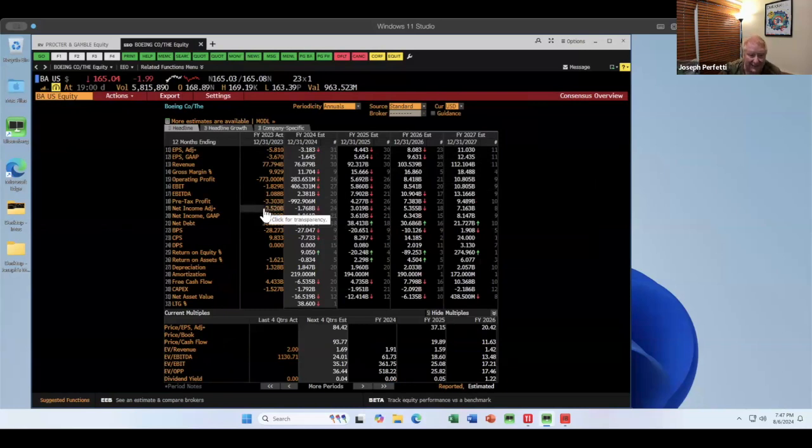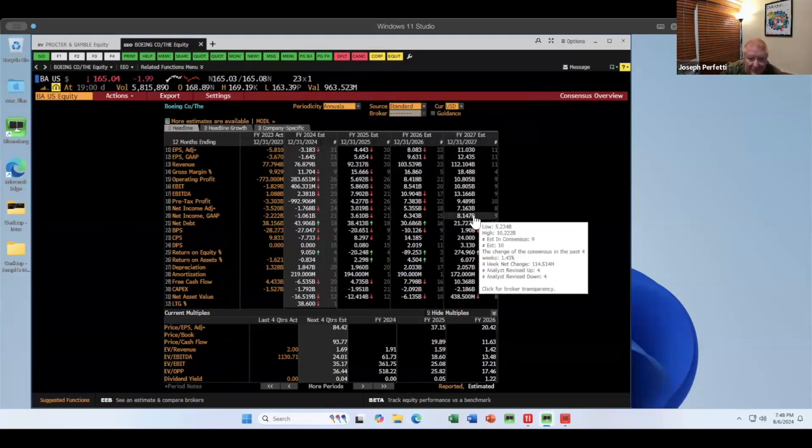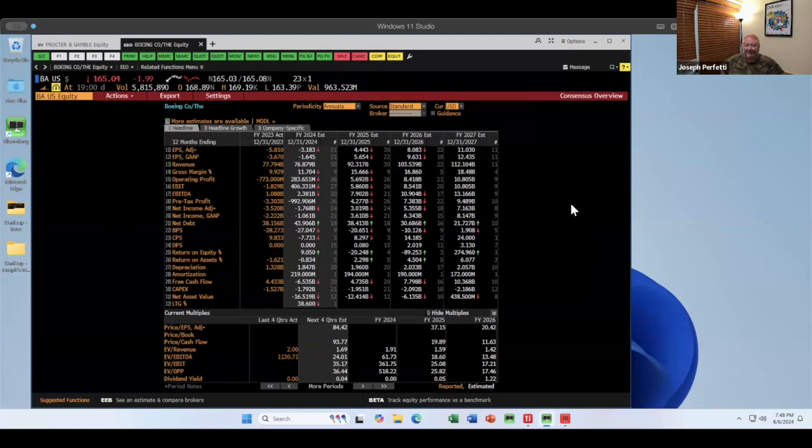Net negative income of 2 billion goes to 8 billion of income. So the point is, there's an expectation that they're going to improve. If you're buying Boeing now because they're cheap, the reason they're going to improve is that their growth and ROIC are going to be better. And that's why you might want to buy them.